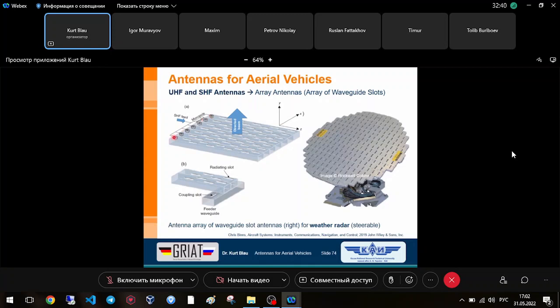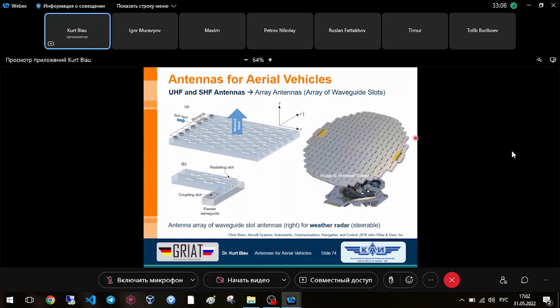You can realize the feeding network only with a second waveguide with slots in the other direction. You can imagine I use this waveguide under this bundle of radiating waveguides. And then you can design an antenna which looks like this.